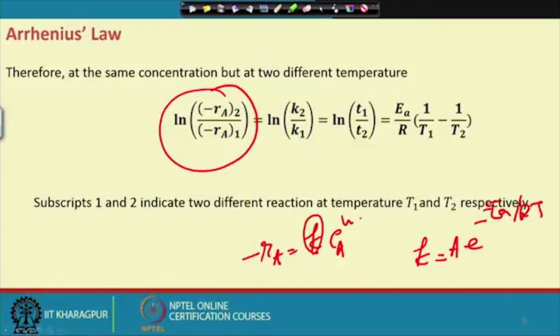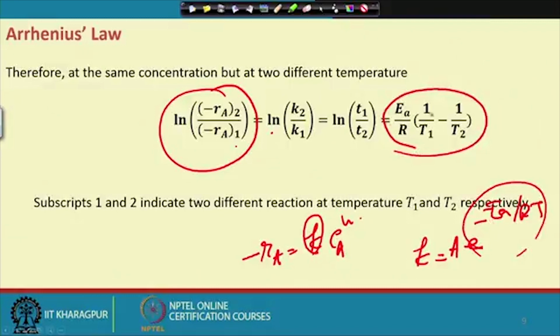So I can write rA2 by rA1 equal to ln k2 by k1, because at different temperatures it will differ, and taking this into account, we get this particular relation: Ea by R equals 1 by T1 minus 1 by T2.